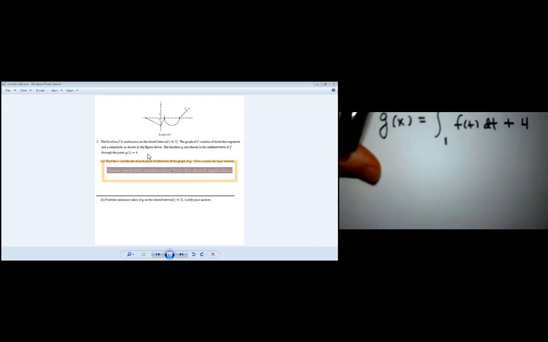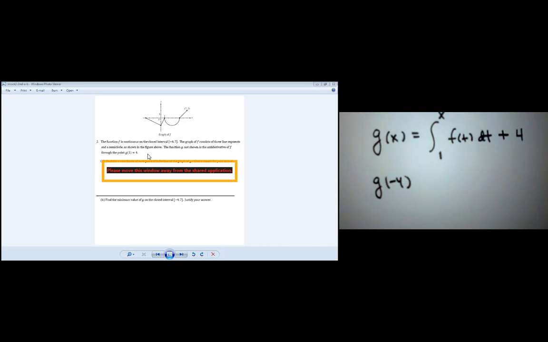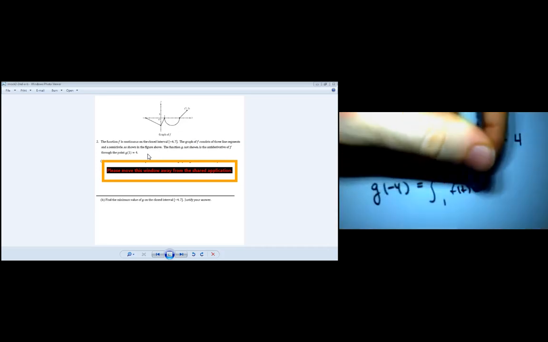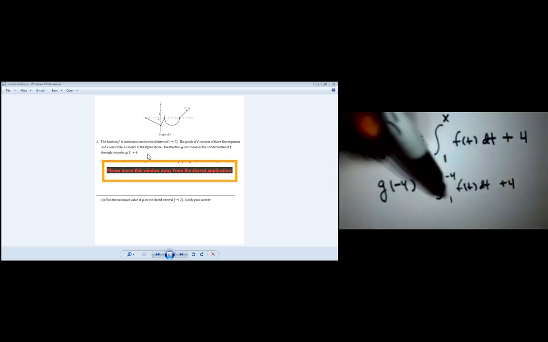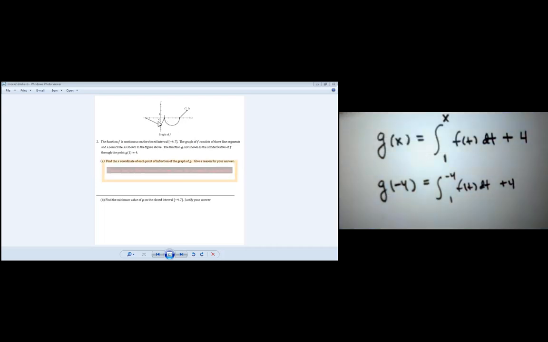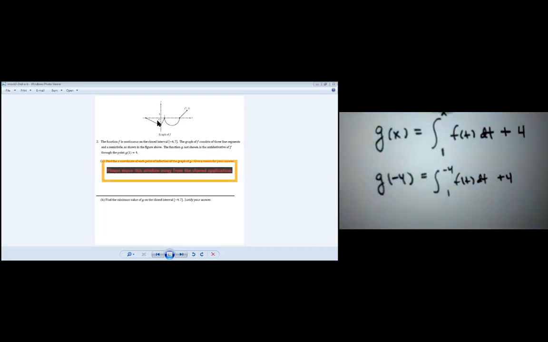So we're going to do G of -4. G of -4 is equal to the integral from 1 to -4 of F of t dt plus 4. Those bounds are backwards, first off. So what is the area from 1 to -4? We're going the wrong direction here.